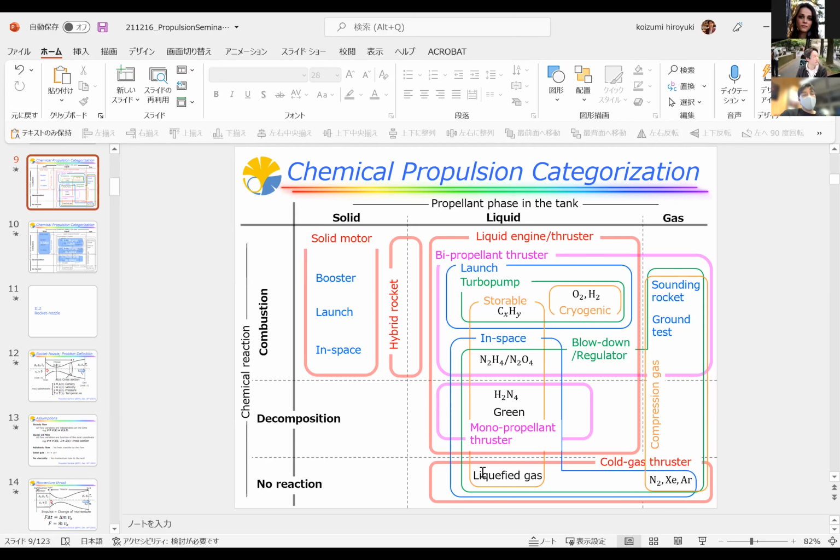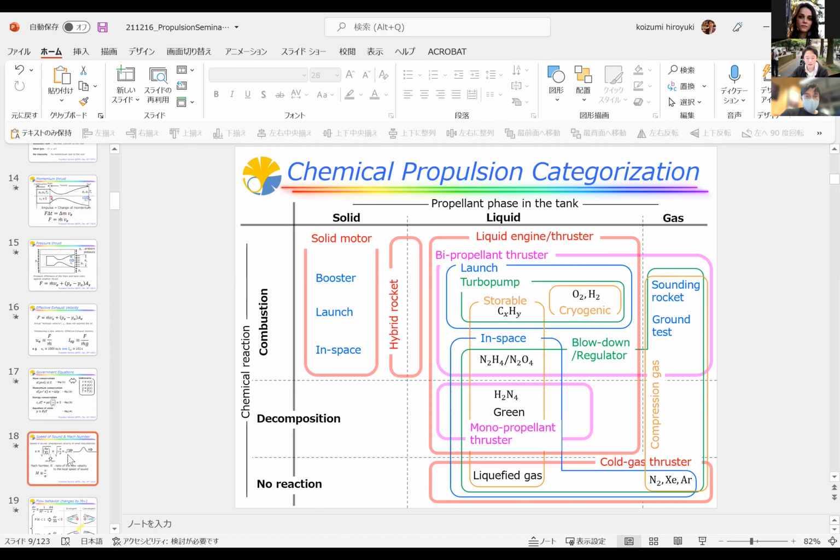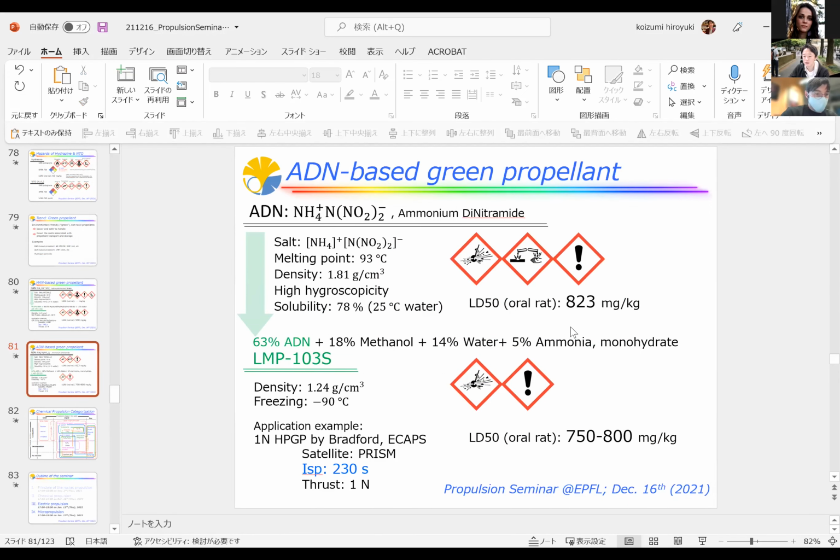In the green propellant, you add water just to dissolve the salt. Yes, but this decreases the heating power effect. Yeah, I think so. But actually, it's at room temperature. It's a solid, so we need some kind of liquid to mix it.